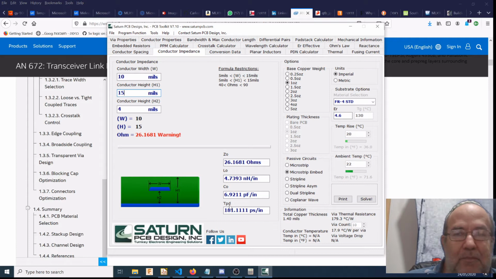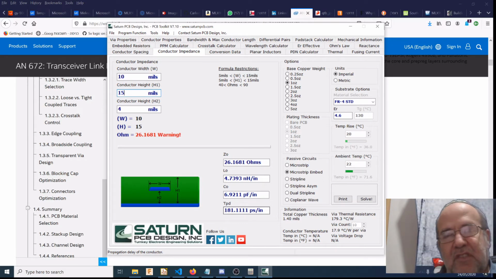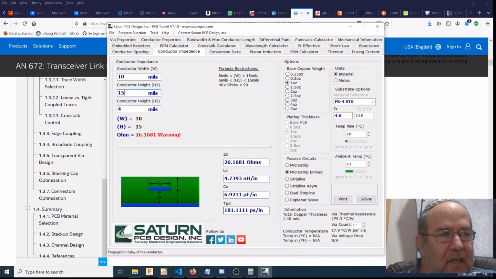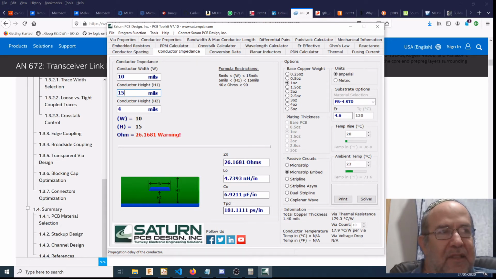Why? Because of your delay per inch, assuming I've kept the same length. So it's not enough to keep the same length. One needs to keep the same length per layer.